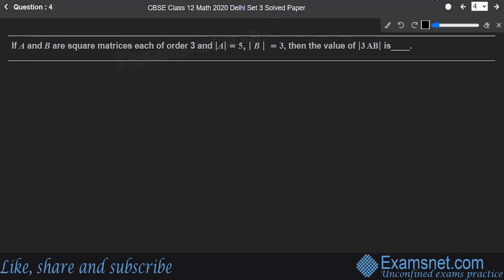Question number 4: A and B are square matrices, each of order 3, and determinant of A is equal to 5, determinant of B is equal to 3. You have to find out the value of determinant of 3AB.